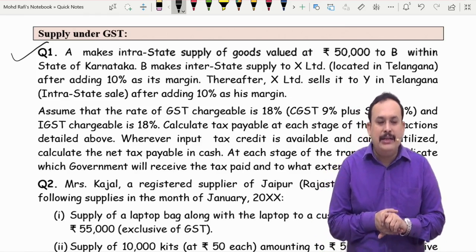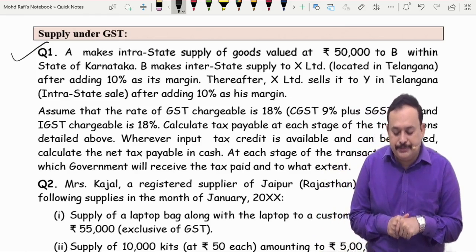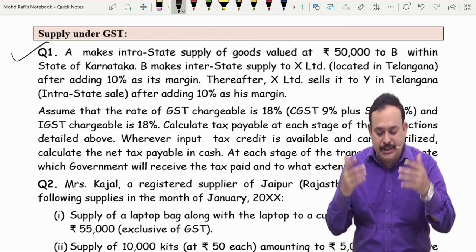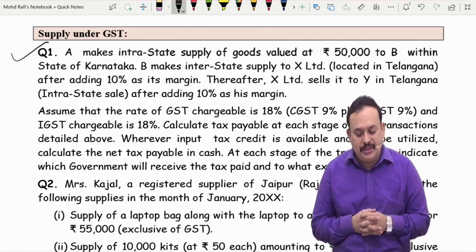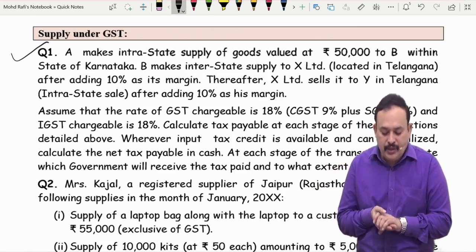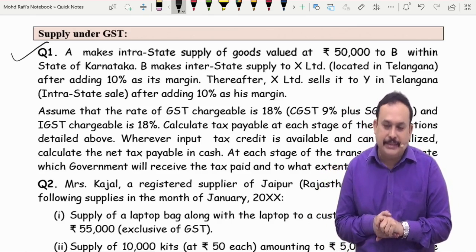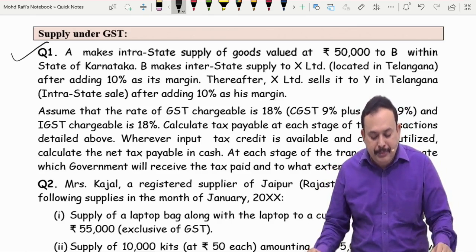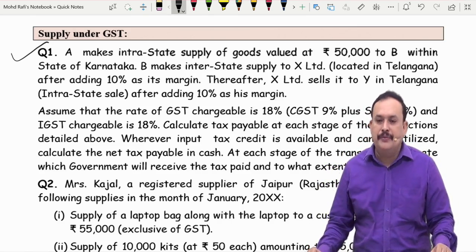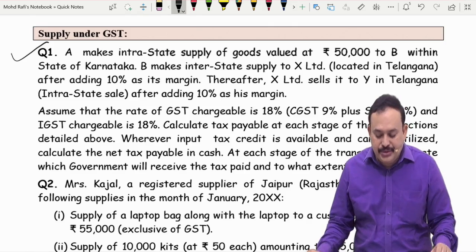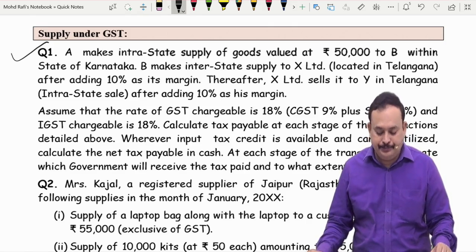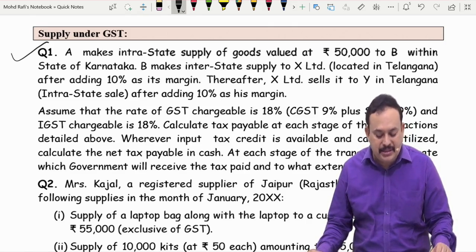A makes intrastate supply of goods valued at 50,000 rupees to B within the state of Karnataka. B makes interstate supply to X located in Telangana after adding 10% of its margin.